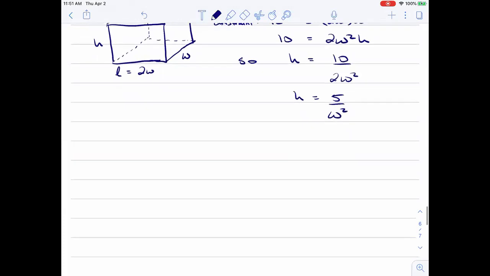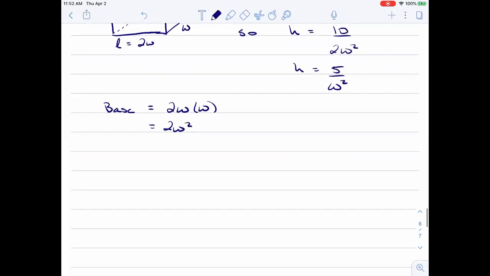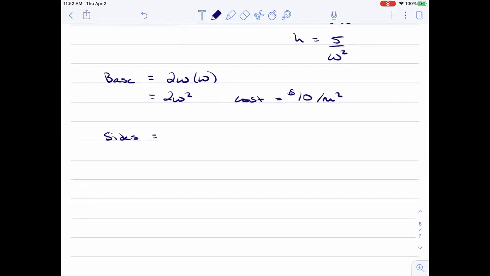Let's talk about the base. The base is 2w times w, which is 2w squared, and the cost for the base is $10 per meter squared. Let's talk about the sides. There's two sides that are going to be 2w times h, right?